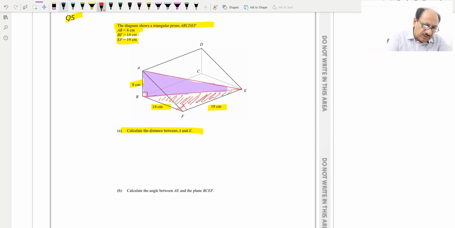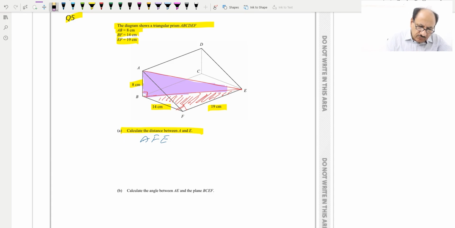So in triangle AFE, we can find AF first. How will we find AF?